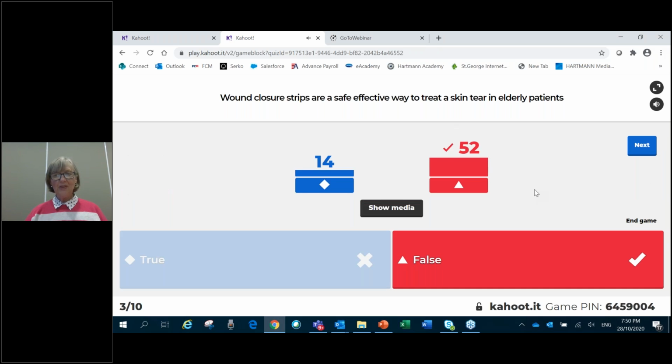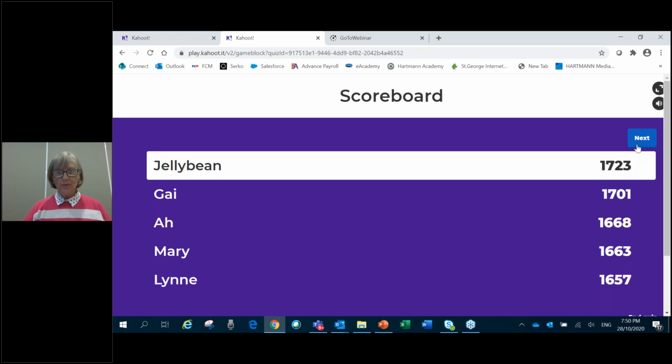Well done. Majority of you got it correct. Definitely don't use wound closure strips when you're treating people with delicate skin. Let's see how you went. Jelly Bean still on top. Well done.